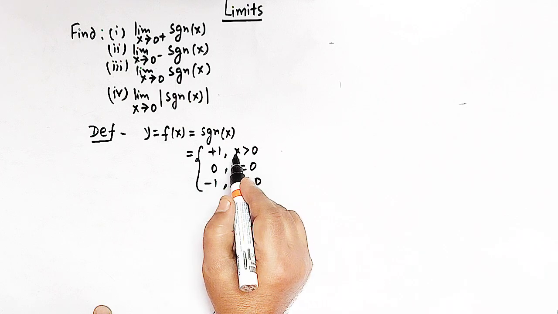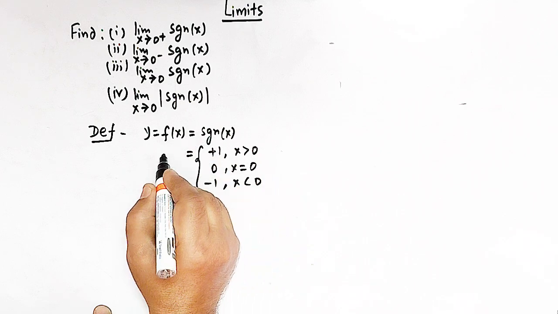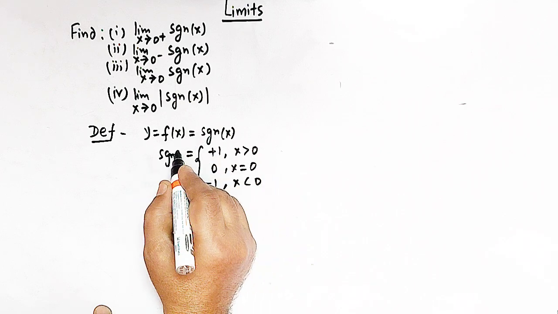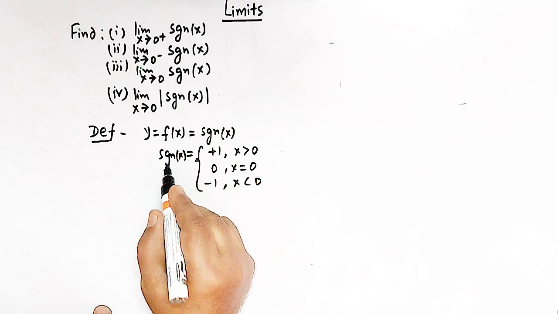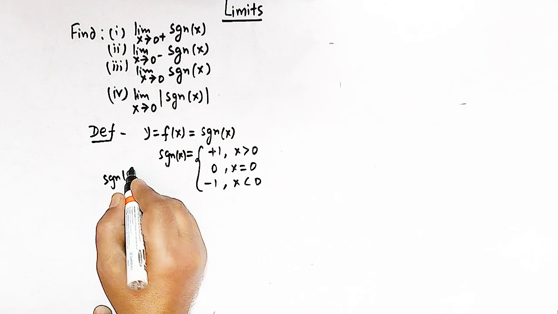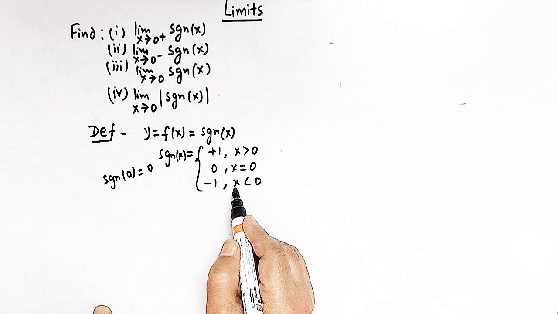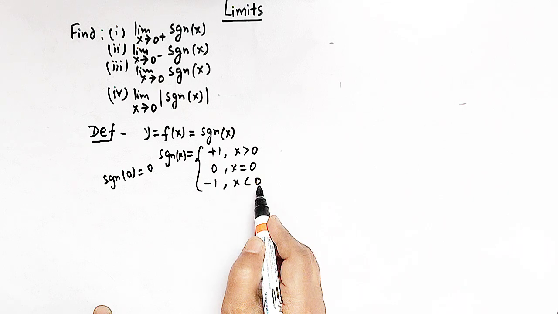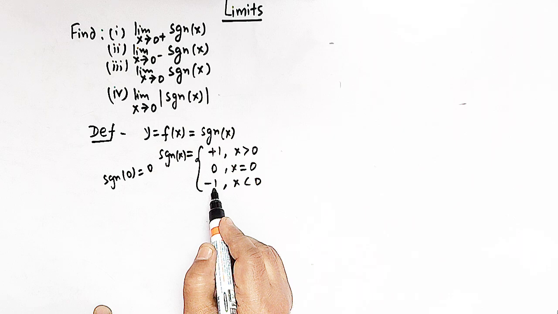So for all positive x, signum of x takes the value plus 1, and for x equal to 0, signum of x is 0. It implies that signum of 0 is equal to 0, and for all negative x, signum of x takes the value minus 1, right?